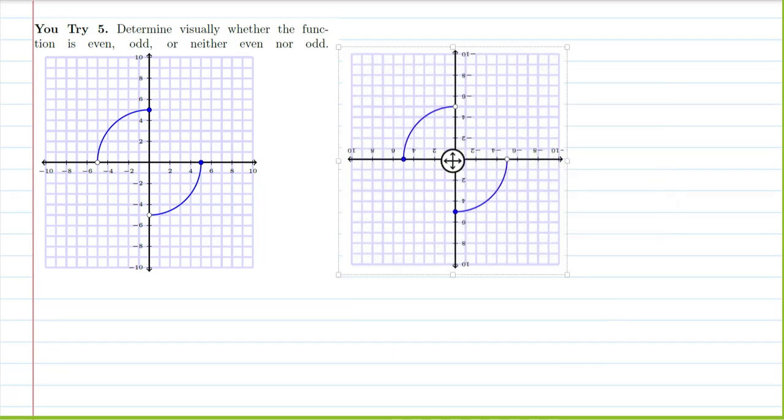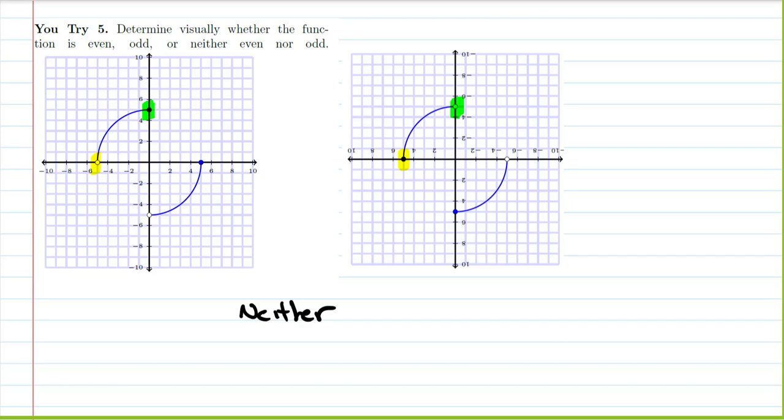And at first glance, if you're not super careful, they look almost the same, but where do we get in trouble? Well, this dot is supposed to be open, but what is it in this graph? Closed. This one's supposed to be closed, and what is it in this graph? Open. So this one is neither, even though at a first glance, if we're not paying attention to the fine details, we may think it has symmetry with respect to the origin. So that one's a little bit tricky.